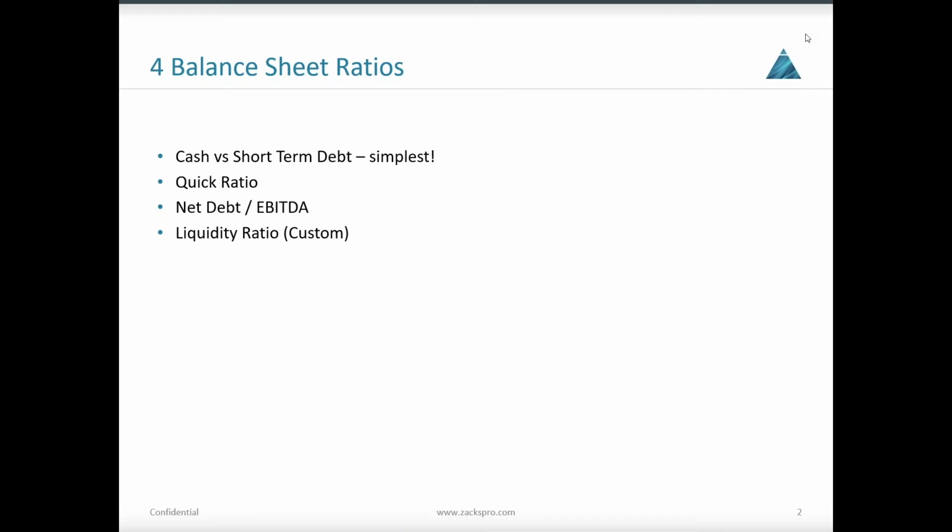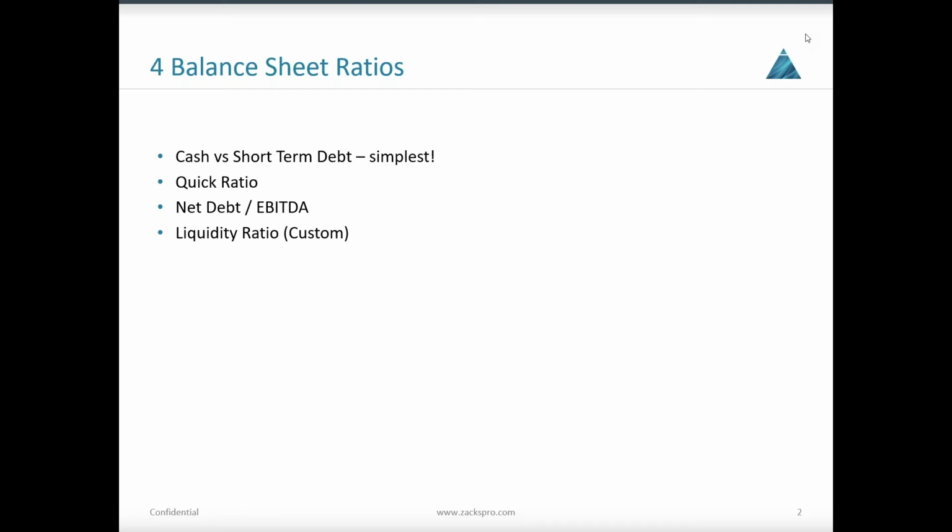This is a favorite metric for most, if not all, credit rating agencies. They look at this ratio pretty closely when assigning their credit rating. And so we're going to look at this ratio as a way to understand the big picture with regards to the company's balance sheet leverage relative to how much income they produce. So that's the EBITDA number.